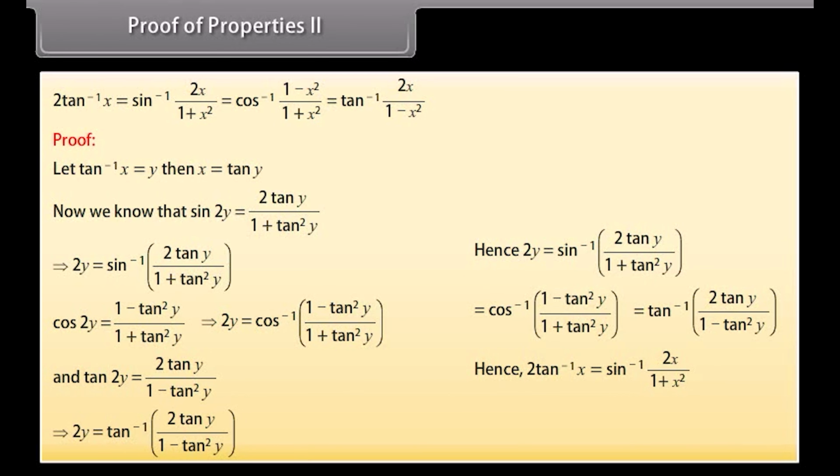Hence, 2 tan inverse x is equal to sin inverse of 2x by 1 plus x square, which is equal to cos inverse of 1 minus x square by 1 plus x square, which is equal to tan inverse of 2x by 1 minus x square.